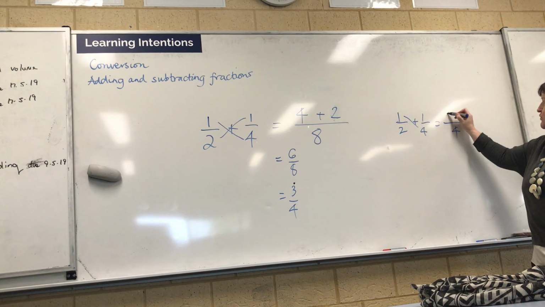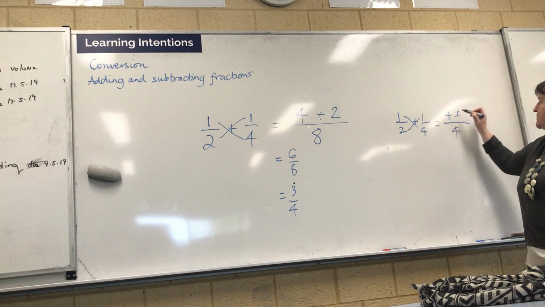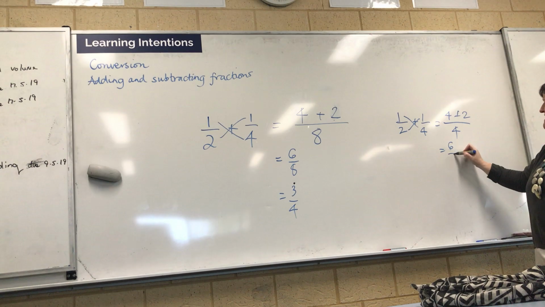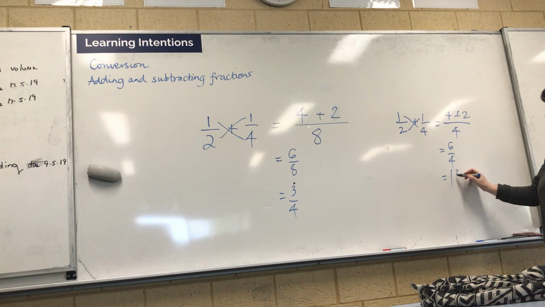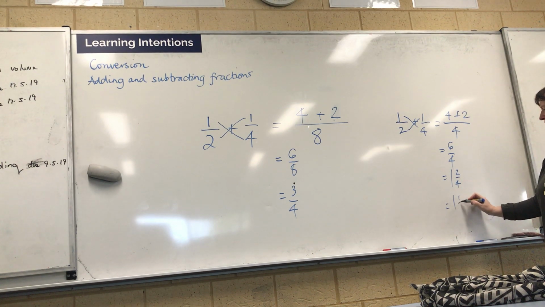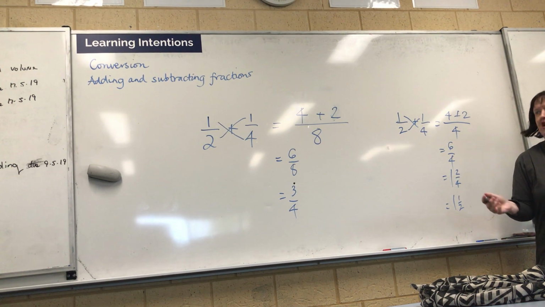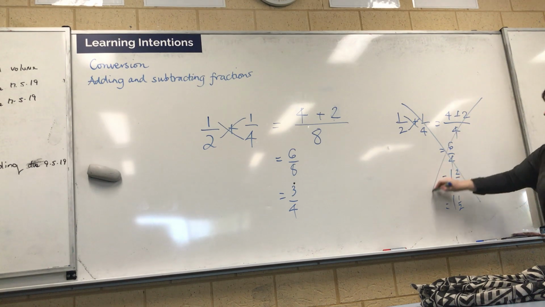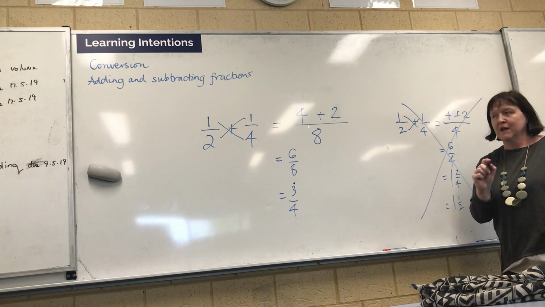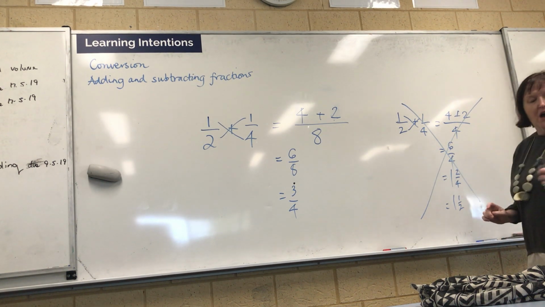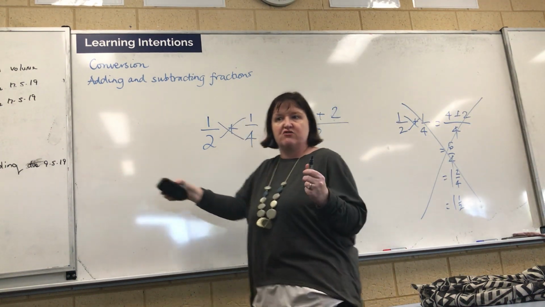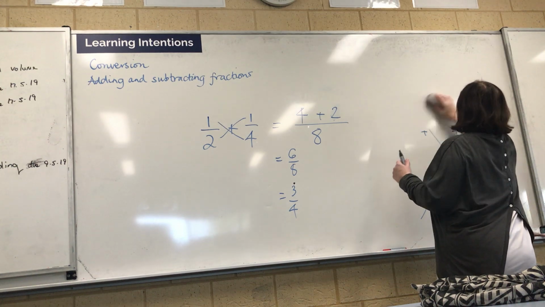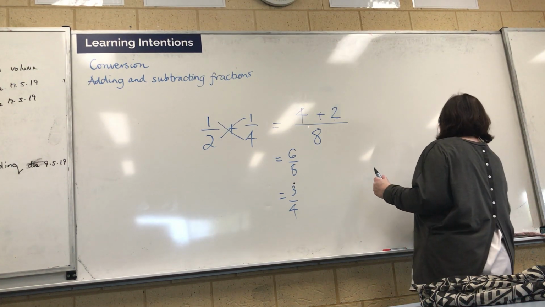You do 1 times 4 is 4, 2 times 1 is 2, so that makes 6/4, which is 1 2/4, which is 1 1/2. Well, that's obviously not correct, is it? That is obviously not correct. So, if you are using the lowest common multiple because you've decided that you'd rather do that, you need to do it in a different method.